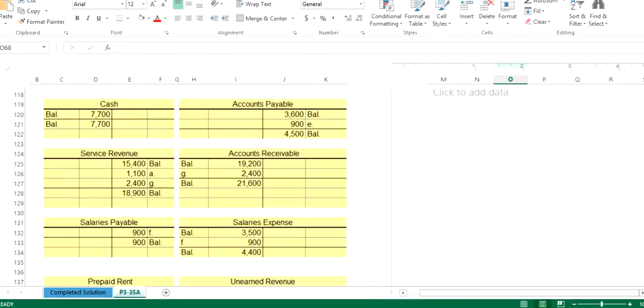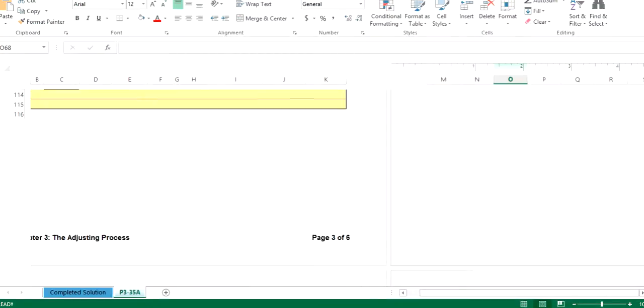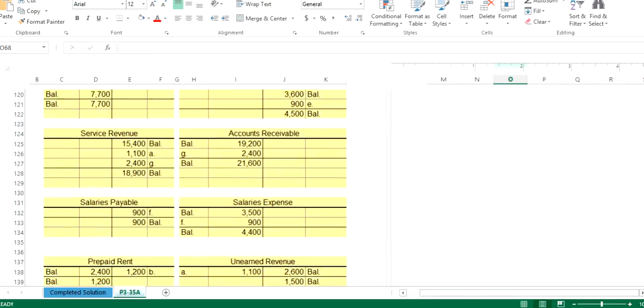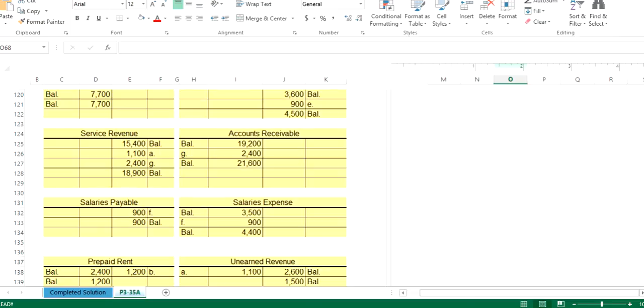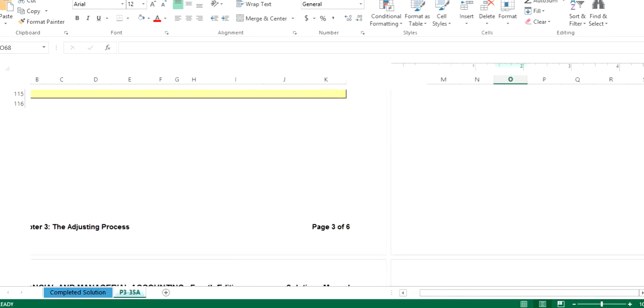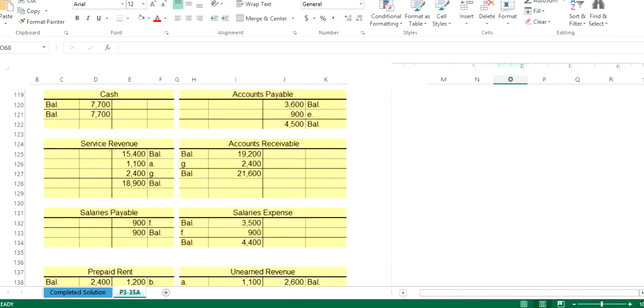Okay, so if we go back to our solution, you see that we have these T accounts here. This is what our general ledger would look like. We have our beginning balances that we pulled over from the trial balance, and then we're just posting our adjusting entries that we covered in Part A. And so you can manually check on your own to see that these entries here match up with what you did in the first part.